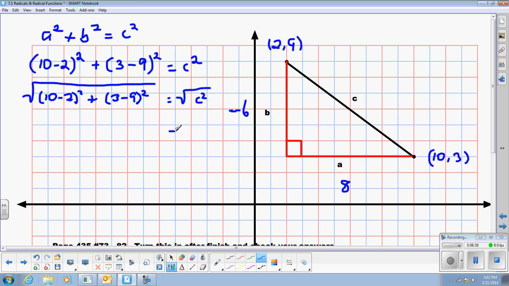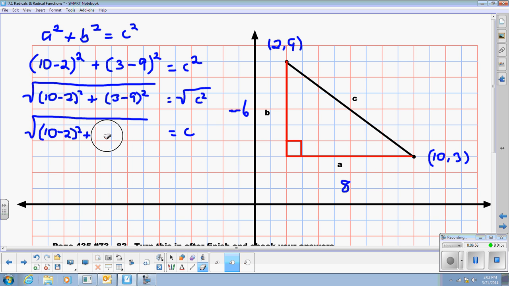Well, c squared would just turn into good old-fashioned c, and then underneath, I have 10 minus 2 squared plus 3 minus 9 squared equals c.